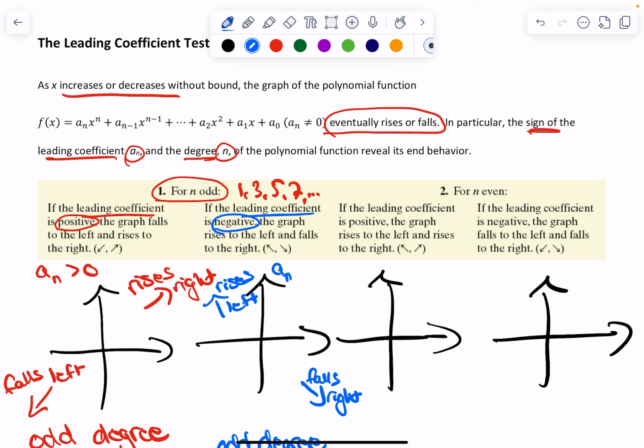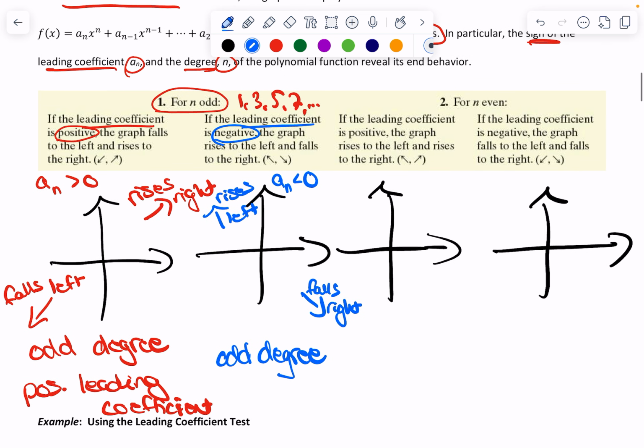So this is leading coefficient negative, so less than 0. It's odd degree, negative leading coefficient.